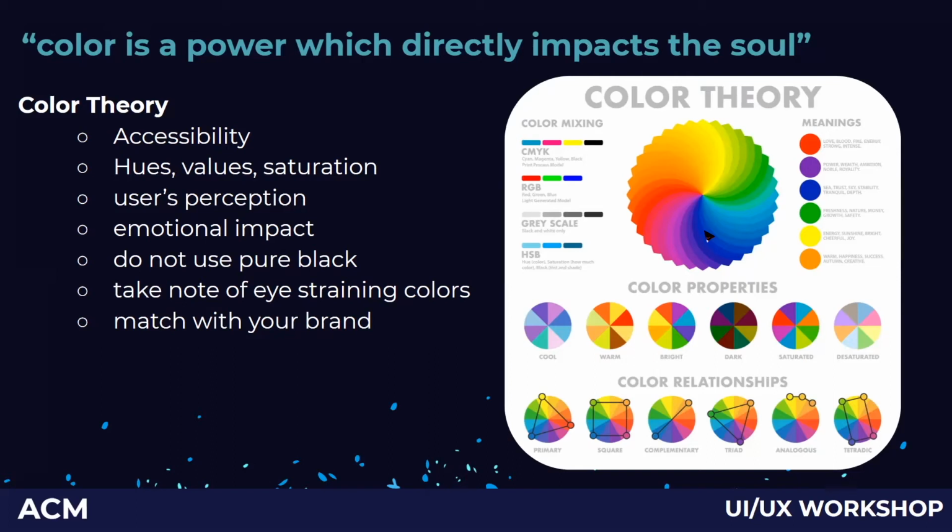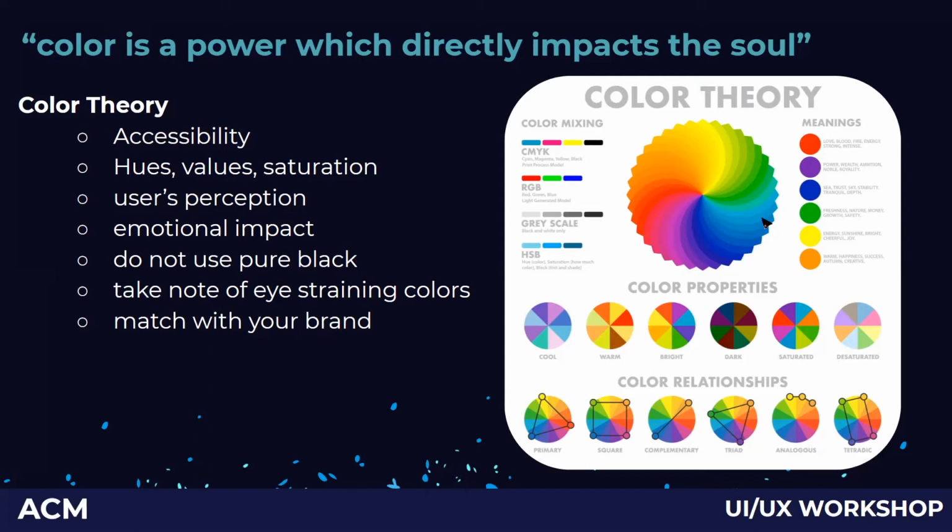So color theory ties back to the basics of any design. When you go to a design class, you're going to learn this. You learn hues, values, saturations, and why is it important in UI? It ties to user perception and emotional impact.